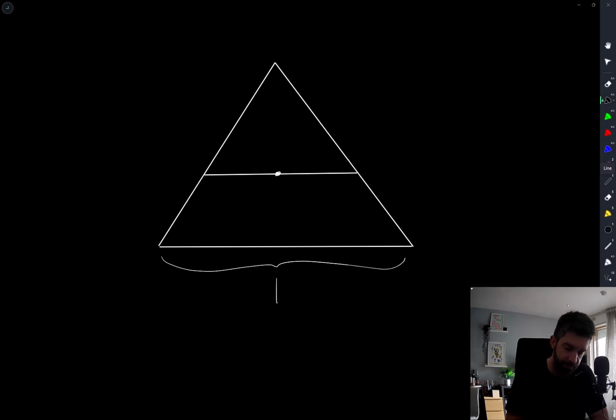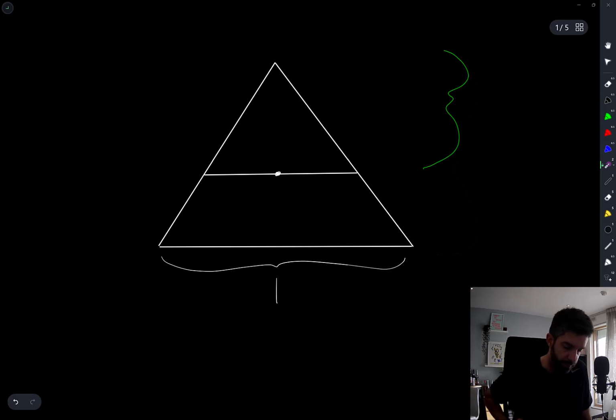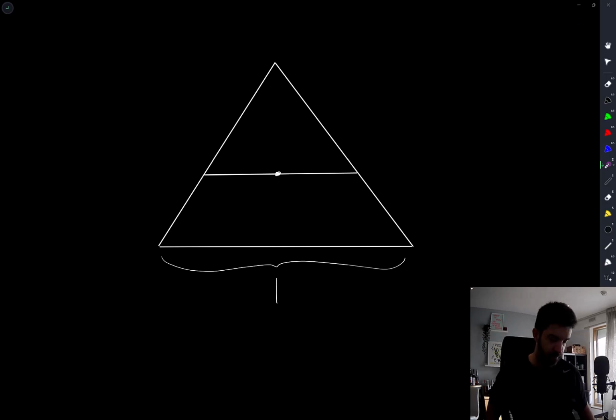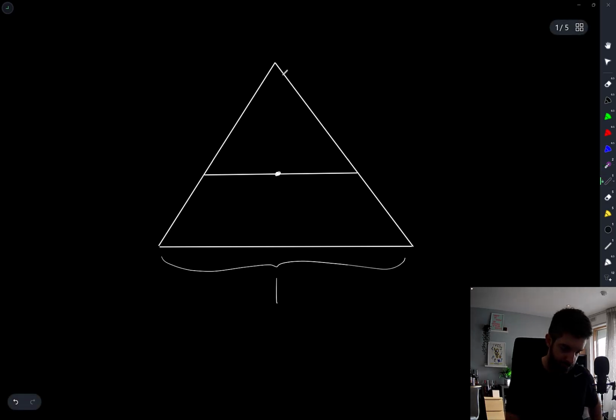I don't remember the ratio of the height to this sort of intermediate height for an equilateral triangle, so you might just have to compute everything here. Let's drop this line down like that. Might be convenient.